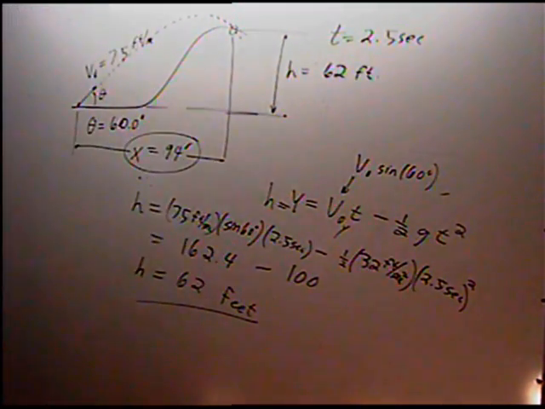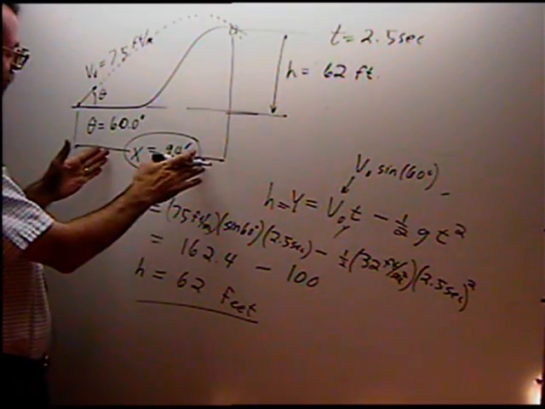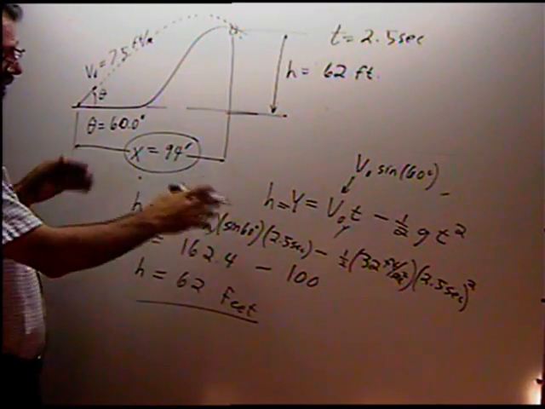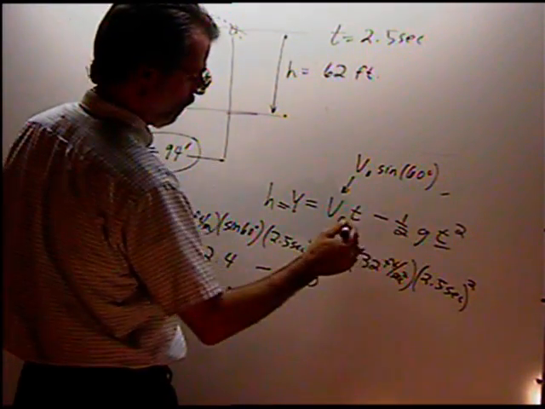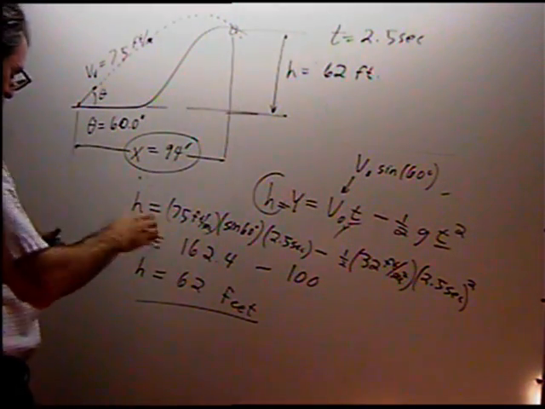And I hope that makes sense, that we broke it up. First we used the horizontal distance here to solve for the time. Then once we had the time, we use this equation to solve for the exact y.